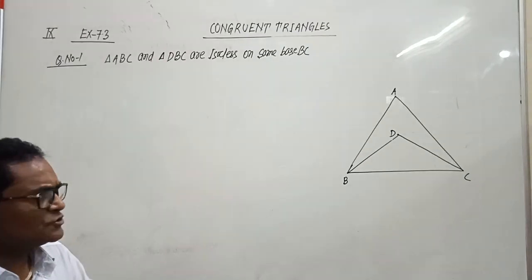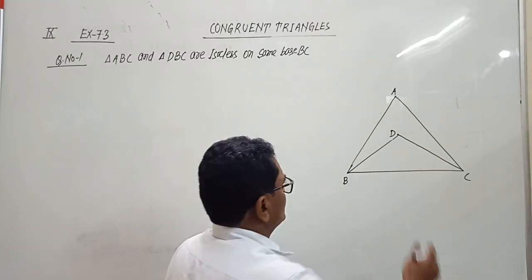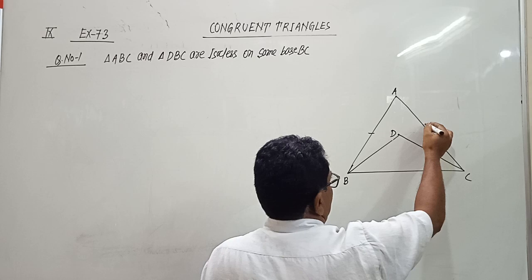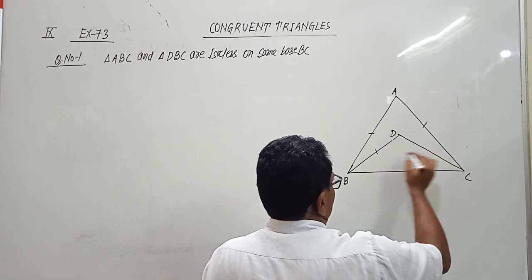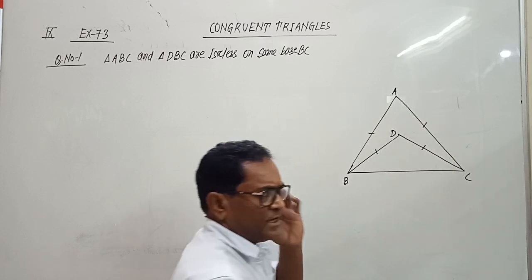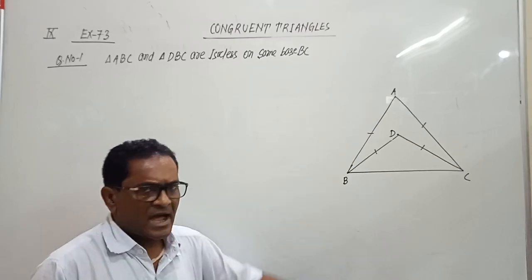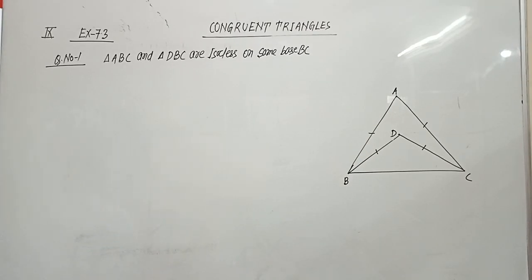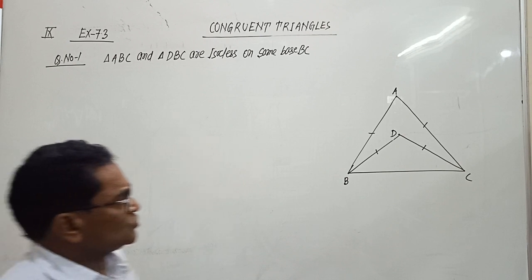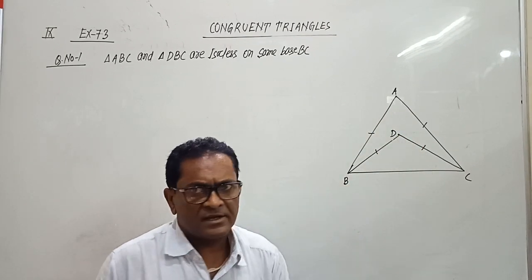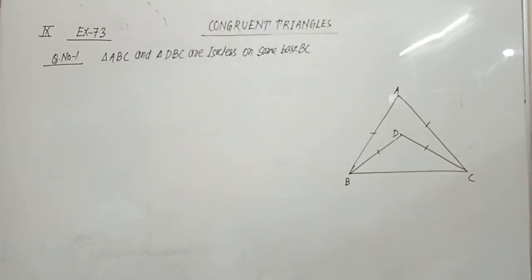Triangle ABC being isosceles means side AB equals AC, and side BD equals CD, and they lie on base BC. And vertices A and D are on the same side of BC.